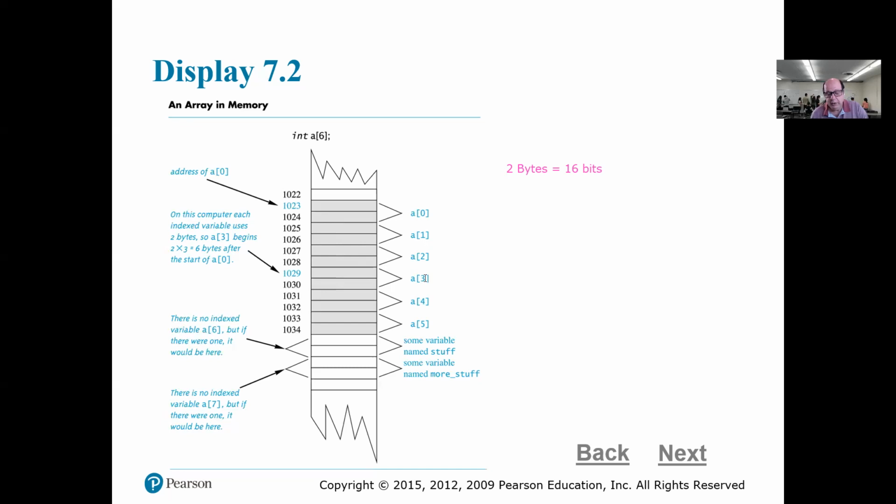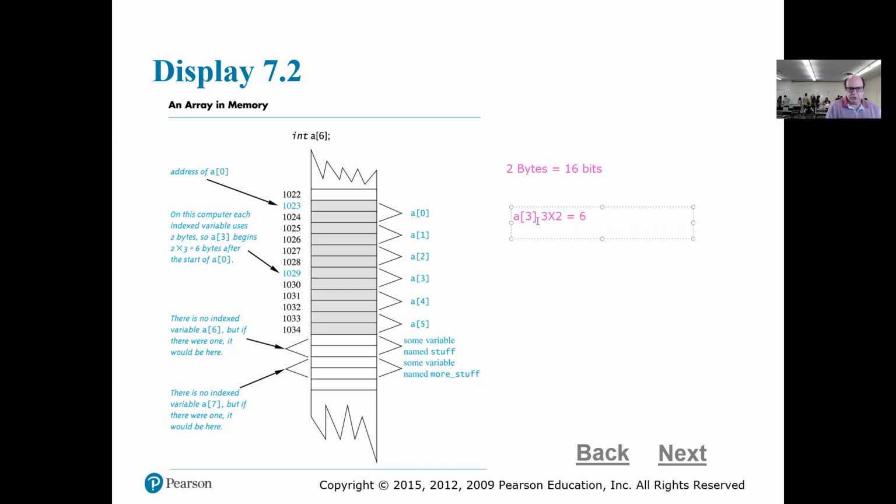Now, why does it start with index 0? Because if I take the 0 and multiply it by 2, that's going to give me 0, and I add it to the beginning of the address, which is 1023. That's why we have 0 here. So in A[3], we got 3 times 2, which gives us 6.